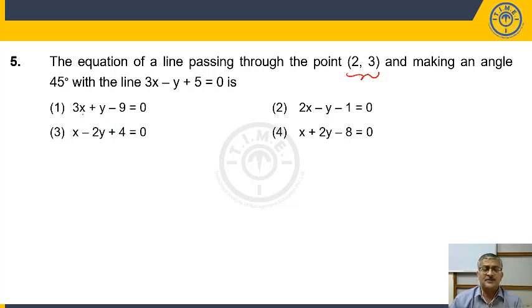We substitute (2, 3) in all the options: 6 plus 3 minus 9, it satisfies. 4 minus 3 minus 1, it also satisfies. 2 minus 6 plus 4, it also satisfies. 2 plus 6 minus 8, it also satisfies. So (2, 3) satisfies all the options. That's why back substitution is not suitable here.